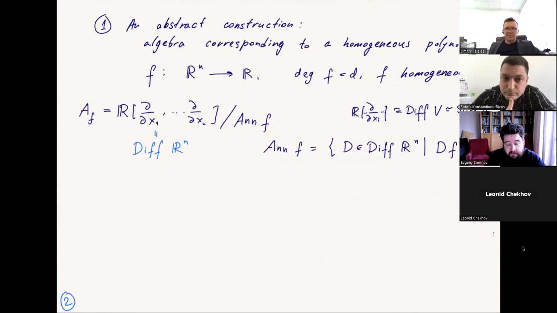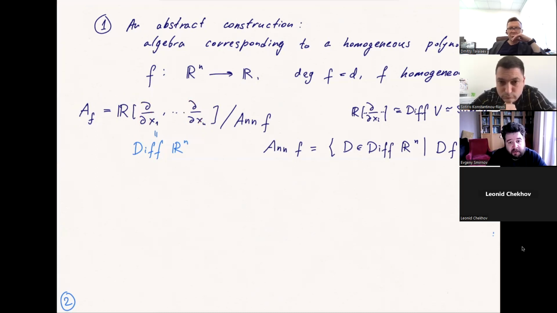f. For this, let me take the ring of differential operators with constant coefficients on my n-dimensional space. So these are polynomials in these variables, d over dx1, etc., d over dxn.